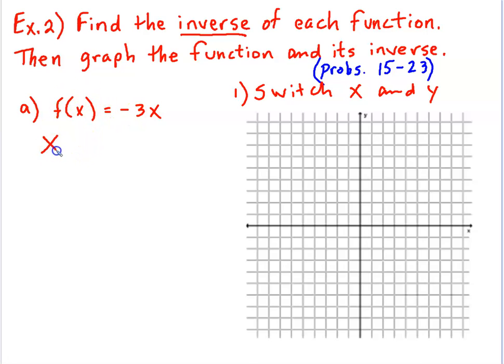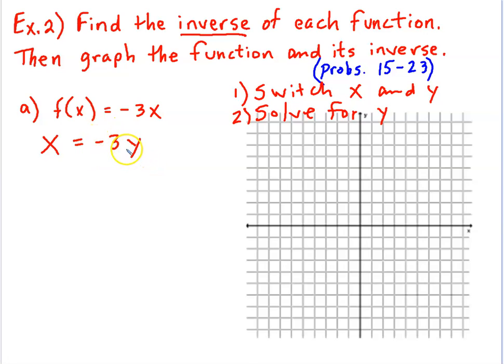I'm going to switch places and I get this. So that's your first move. If you're trying to find the inverse function, first step, switch x and y, and then you just have another final step. You're going to solve the equation now for y. So in other words, get y by itself.